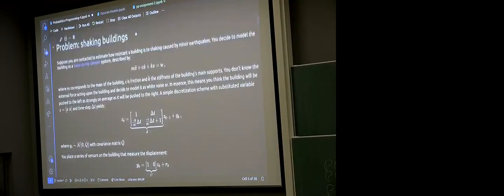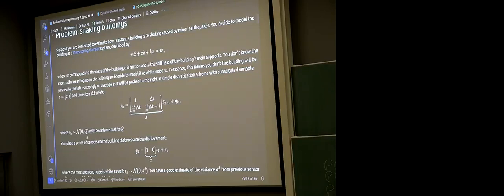If you discretize this continuous time dynamical system, the continuous time differential equation, you will end up with something that has the following form. The next state, the next displacement and change in displacement, is some matrix A times the previous displacement and change in displacement plus some noise variable, q_k.